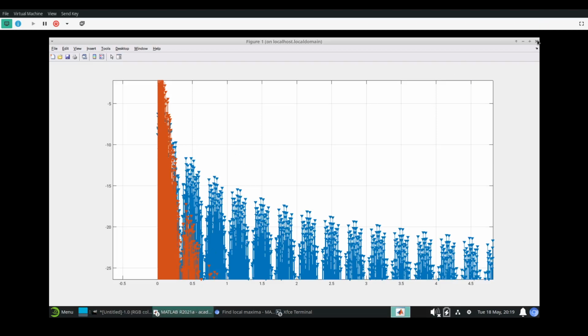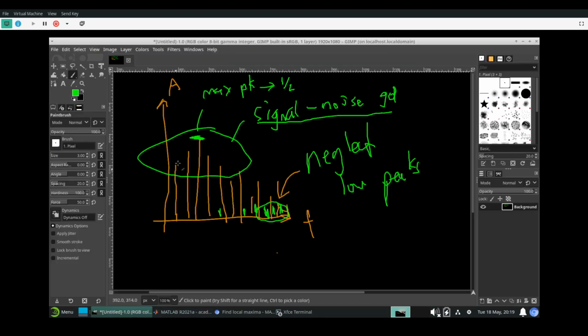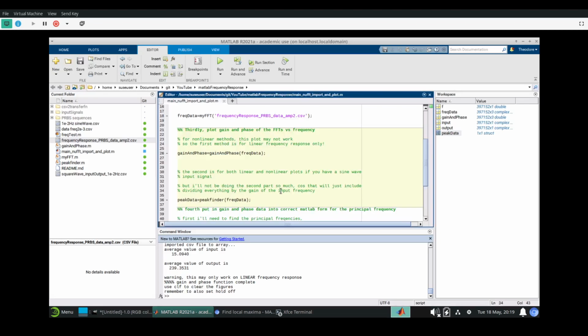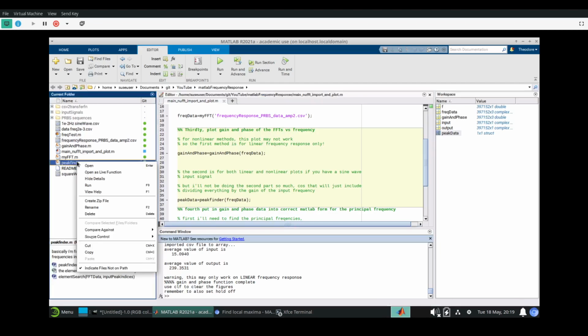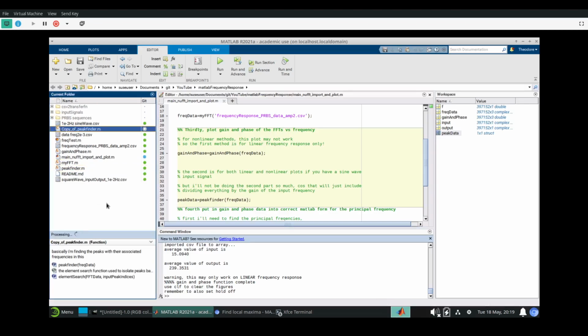This will not do for decibels, but it may do better for an absolute scale rather than a decibel scale. So let's try doing an absolute scale peak finder, so that we can try and get the frequency response data.